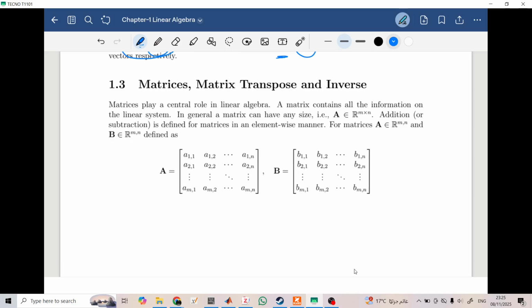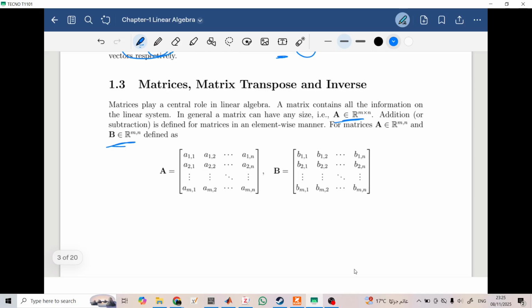But before that, let's say that we have a rectangular matrix A that belongs to R to the power m cross n, and another matrix B which belongs to the same space.